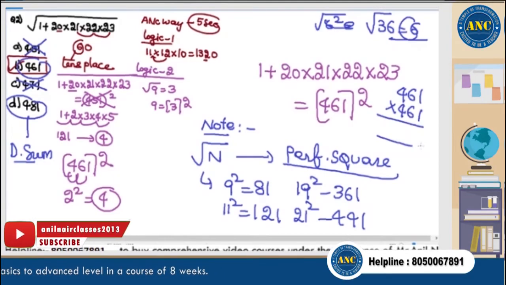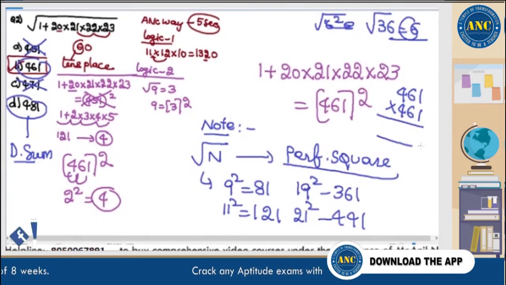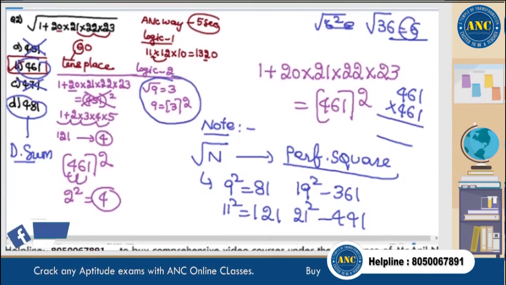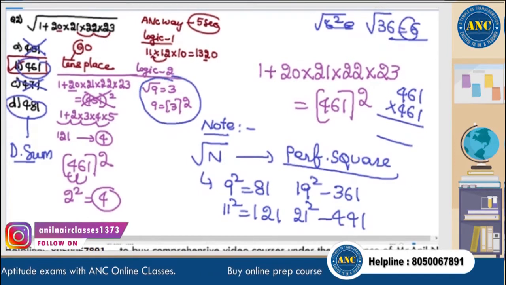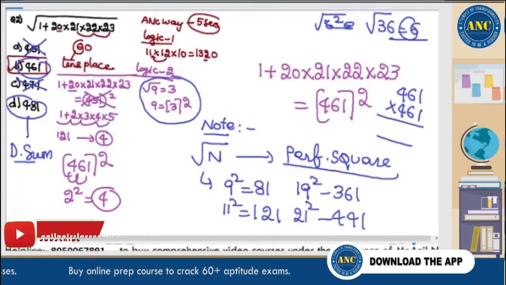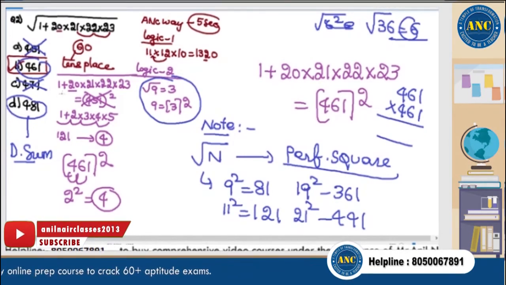Listen carefully. Square root of 1 plus 20 into 21 into 22 into 23. Root of 9 is 3, 9 is equivalent to 3 square. Remove the square root and the answer will be a square.